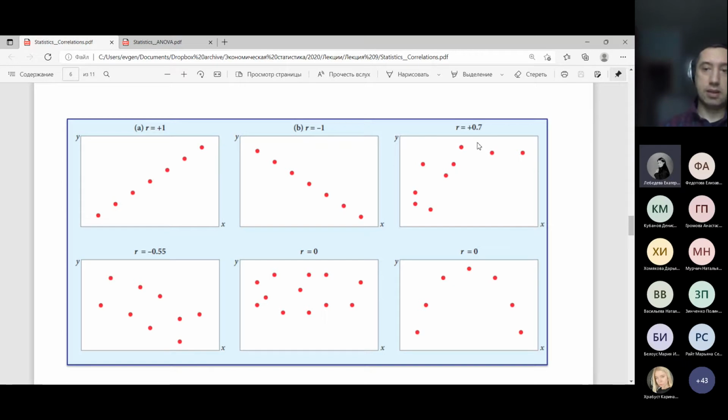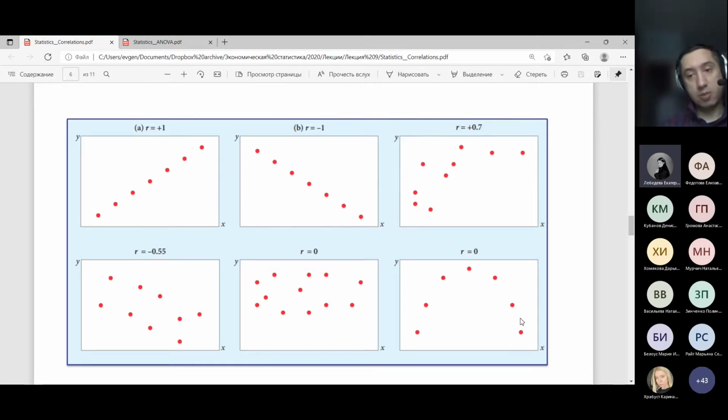If we fit a curve, it could be a good approximation of the relationship. But if we apply a line, it cannot be good, because the correlation coefficient is underestimated.